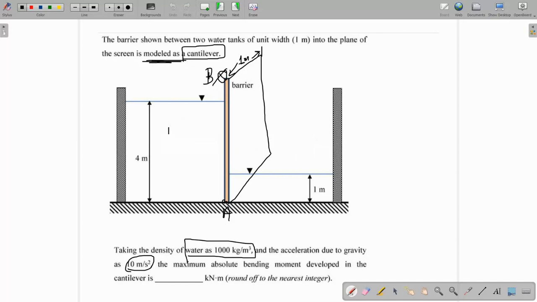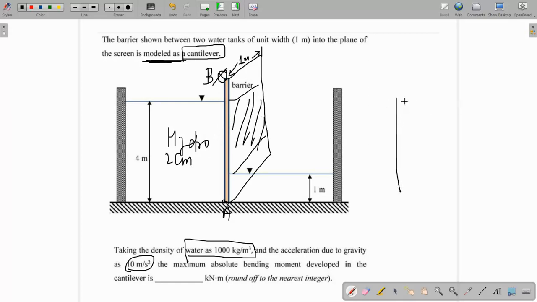The force is hydrostatic force. Now use the principles of hydrostatic force. The magnitude of the force is rho g h, the average depth, not the total depth. If this is 4 meter, then the CG lies at 2 meter, and the projected area is like this.